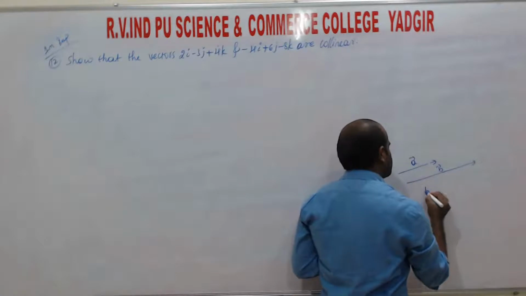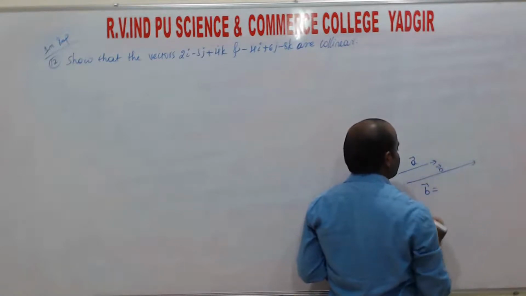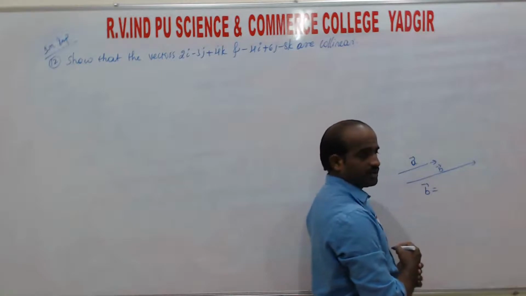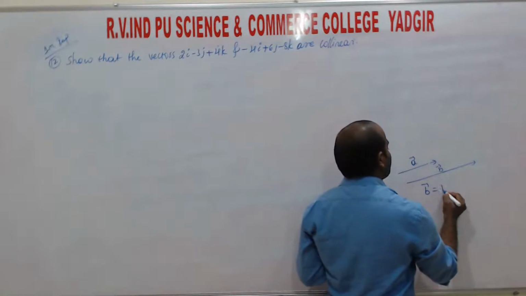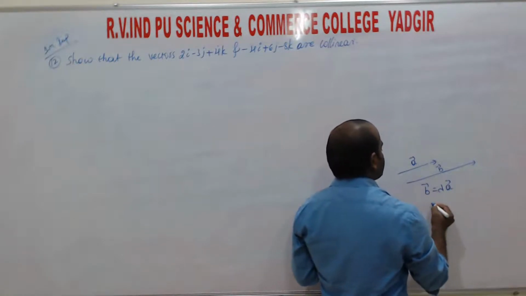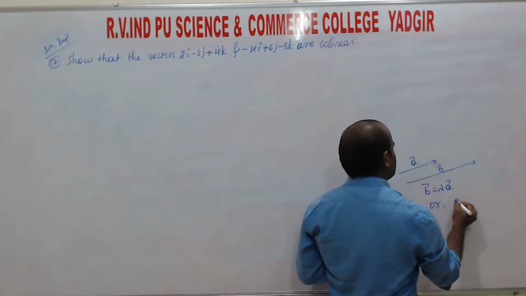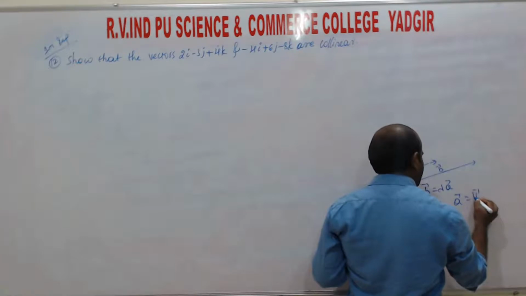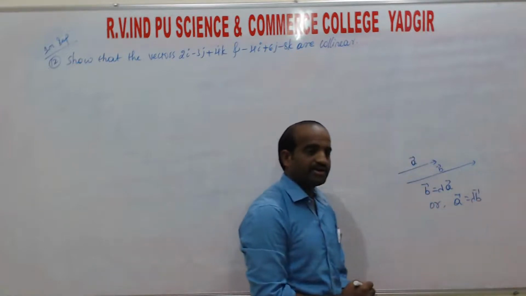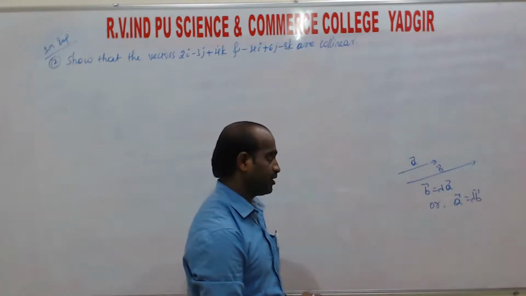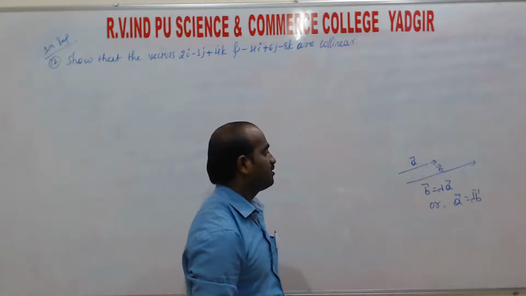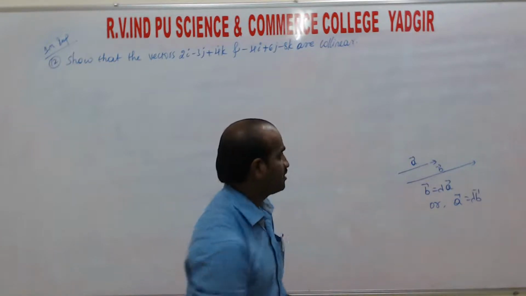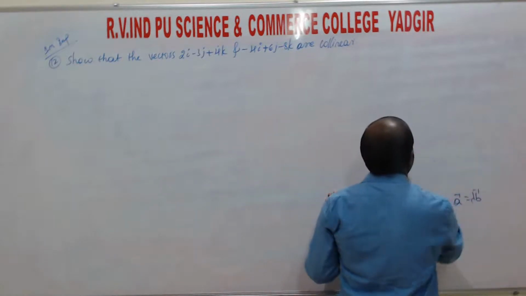Now b vector is equal to 2 times a vector, that is, lambda times a vector. Or a vector is equal to lambda times b vector. A vector and b vector are collinear when a vector is a scalar multiple of b vector, or b vector is a scalar multiple of a vector.